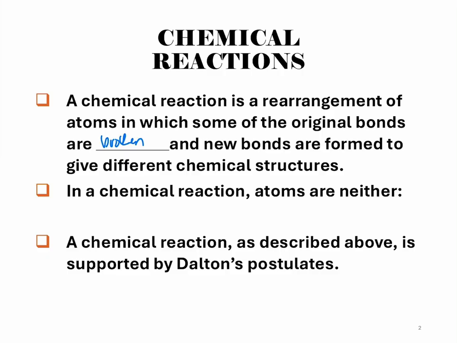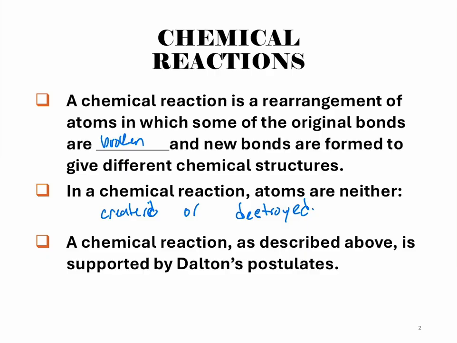And this means that atoms are neither created or destroyed. Right? We're not going through any nuclear fusion or fission processes, so the identity of the atoms isn't changing. We're just moving them from one molecule to another. That's all that's going on in a chemical reaction.